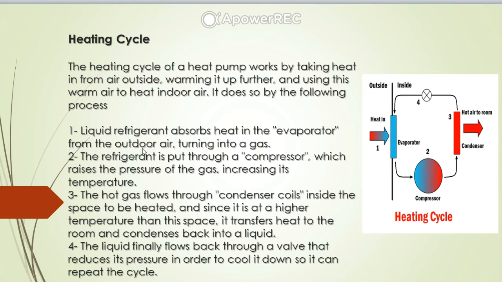The first one is that the liquid refrigerant absorbs heat in the evaporator from the outdoor air, turning it into gas. The second one is that the refrigerant is put through a compressor, as we see in the diagram, which raises the pressure of the gas, increasing its temperature.